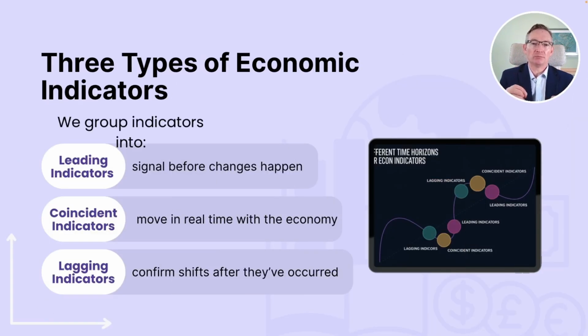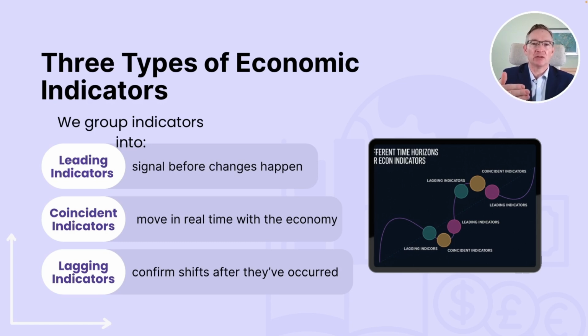So what we do is we categorize these indicators into three broad categories. Do look at the accompanying PDF for specific examples within each of these categories. The three categories are leading indicators, which move before the economy turns.